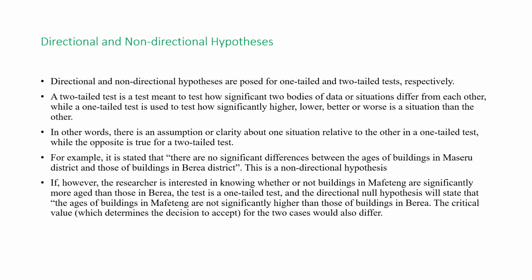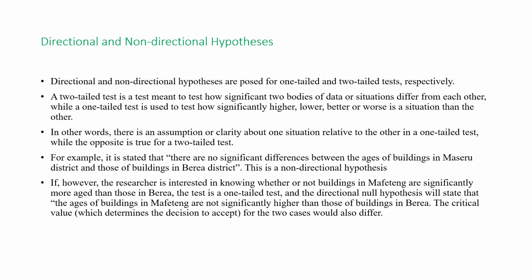If, however, the researcher is interested in knowing whether or not buildings in Mafeking are significantly more aged than those in Berea, the test is a one-tailed test because it is already directional. What you are saying in essence is that, based on your knowledge of that place, buildings in Mafeking are relatively more aged than buildings in Berea.